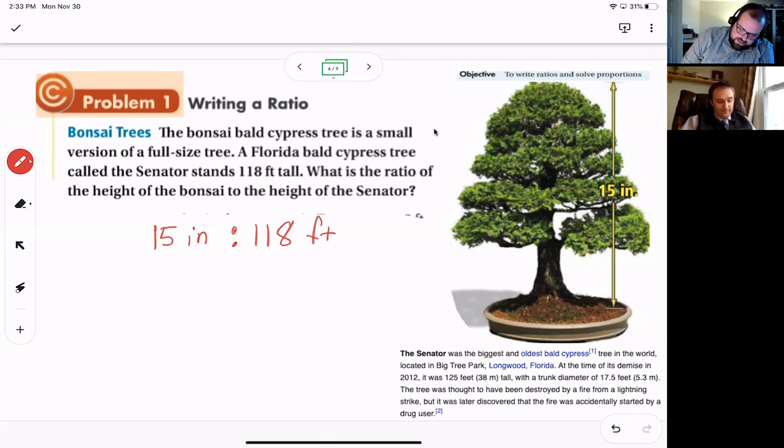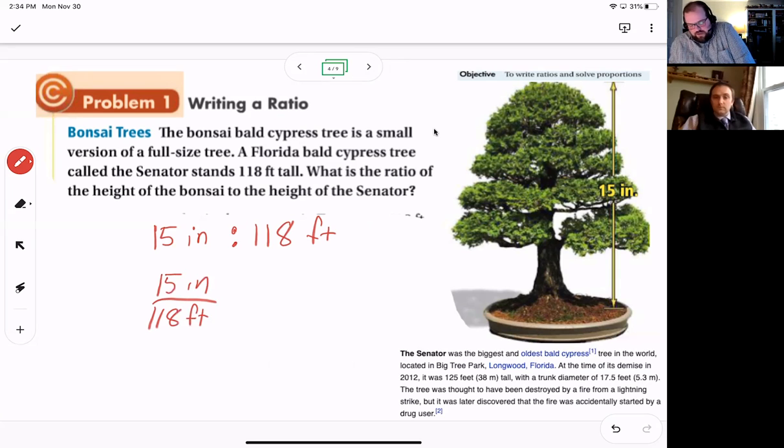Yeah. So one of the things that is problematic about this is that if we try to write this as a fraction, 15 inches to 118 feet, reducing this gets kind of weird.